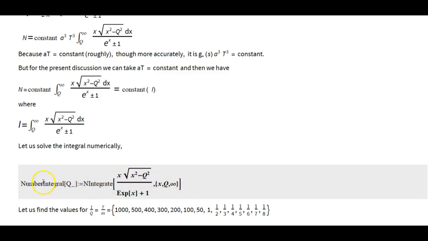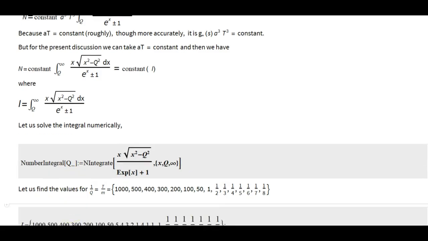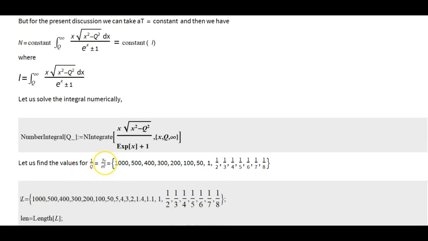This function gives me the value of the number integral for different values of q, and I evaluate this at these temperatures. First I take a very high temperature, 1000 times mass, then 500 times mass, 400 times mass, and the temperature keeps dropping, then 1/2 times mass, 1/3 times mass, 1/4 times mass, all the way up to 1/8 times mass.